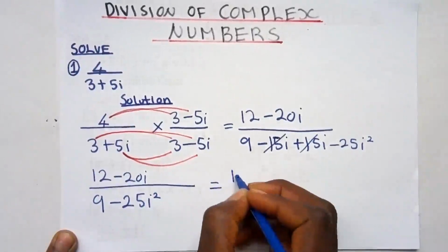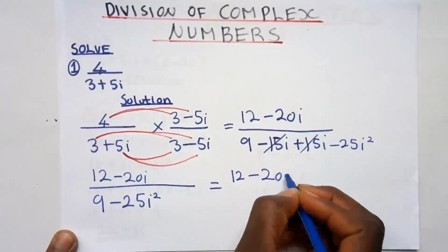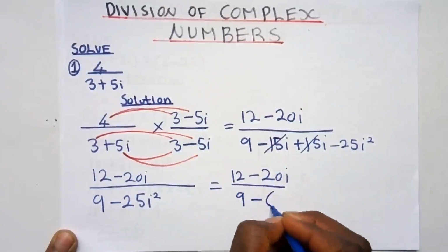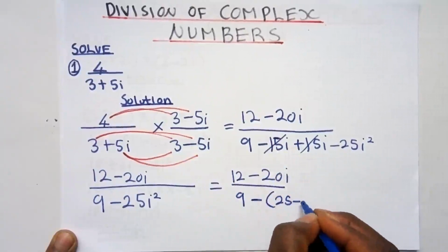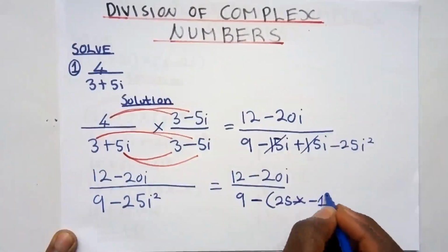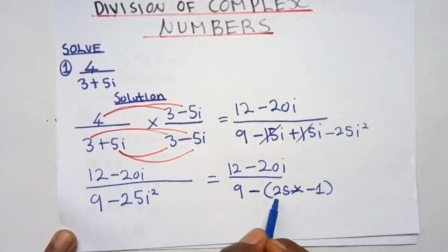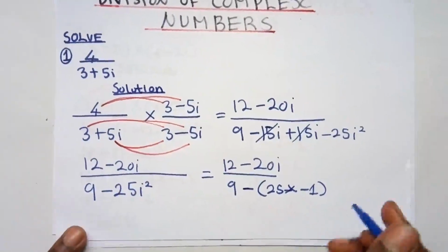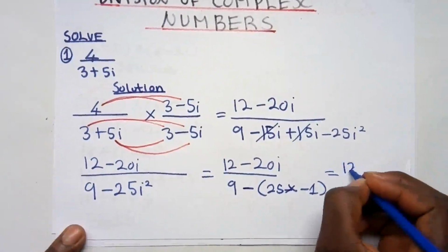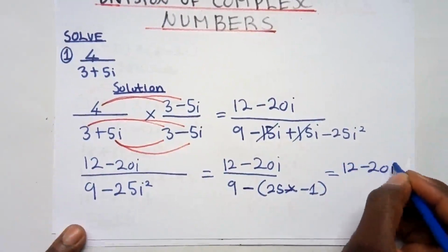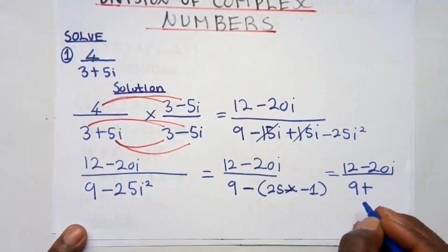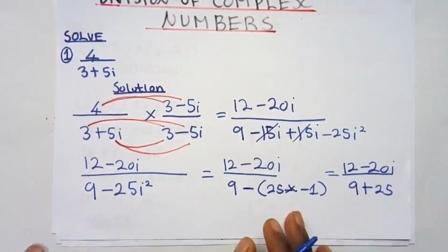So this becomes 12 minus 20i all over 9 minus 25 multiplied by minus 1. So 25 multiplied by minus 1 gives us minus 25, multiplied by a negative sign gives us positive. So this becomes 12 minus 20i all over 9 plus 25.